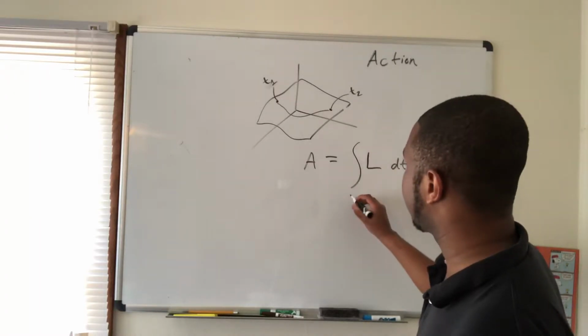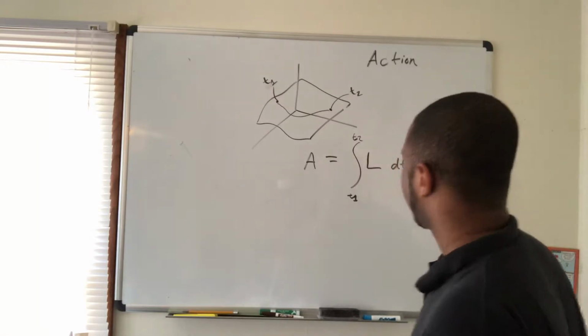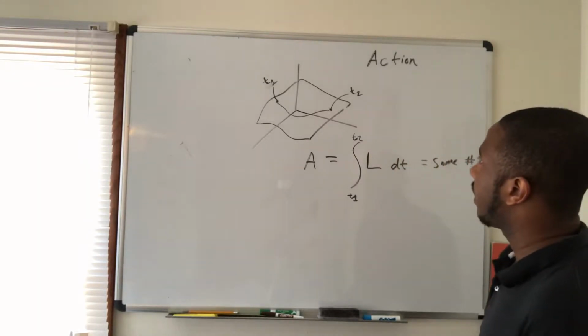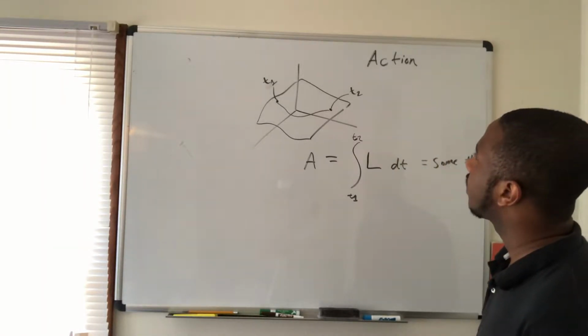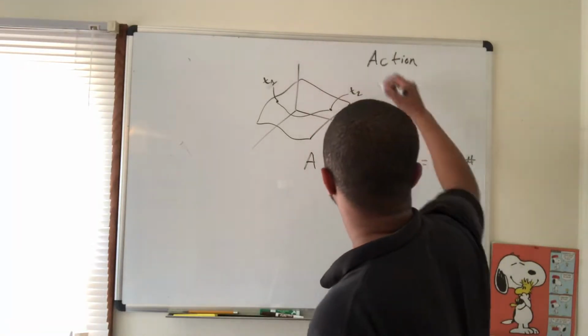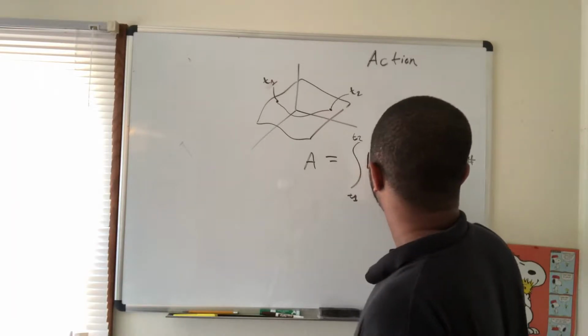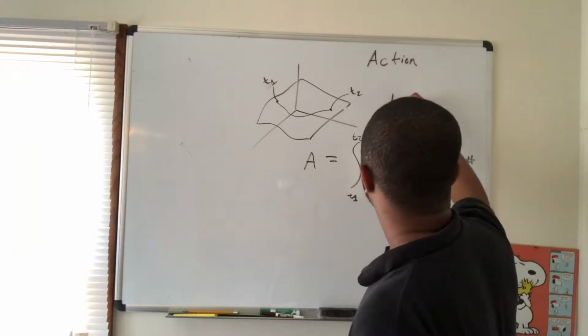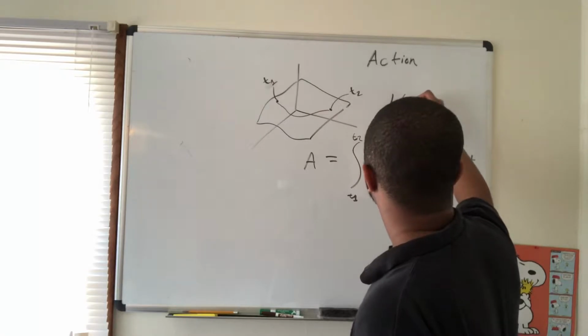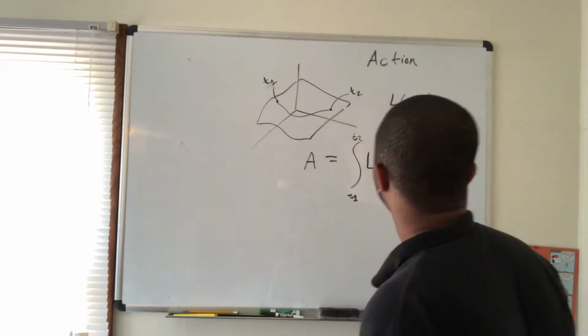Because this is from T1 to T2. So now let's go ahead and label this. Let's say that L is a function of some quantity q and its time derivative q dot.